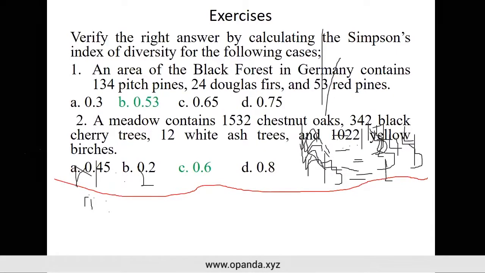Then to calculate N times N minus 1, on N1 we'll find that N times N minus 1 is going to be equal to 17,822. Write it well so that we can get it.